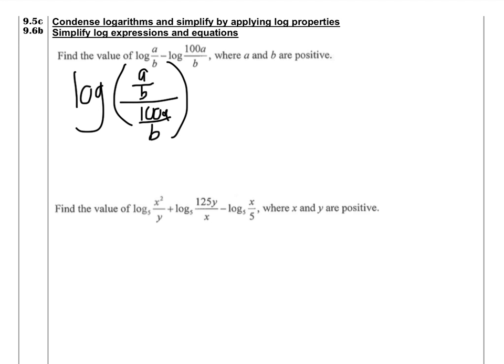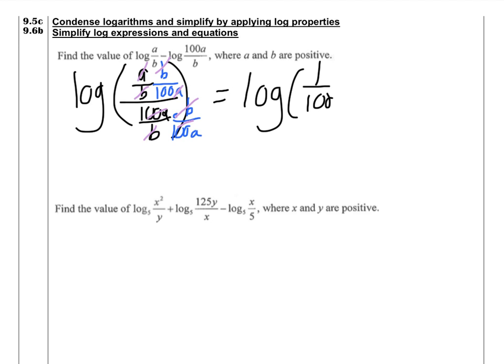Now, to get rid of this complex fraction, I want to get rid of this. So I just multiply by its reciprocal, which is b over 100a. And we're going to do that on both of these. Now, this simplifies quite nicely. Those all cancel. The b's cancel and the a's cancel. What I'm left with is the log of 1 over 100. Now I actually can evaluate this.